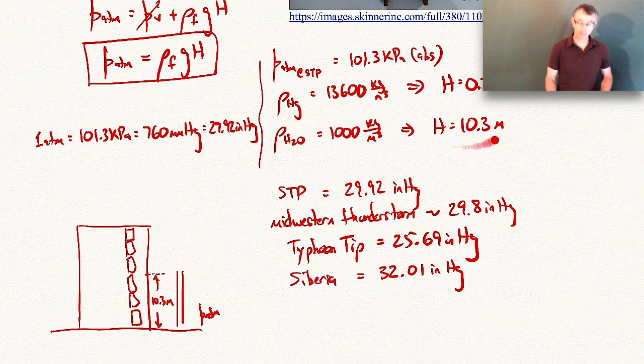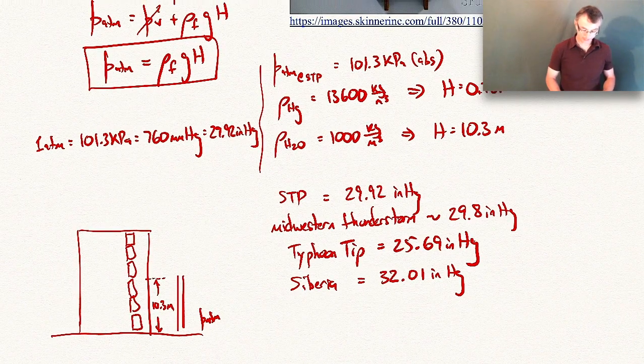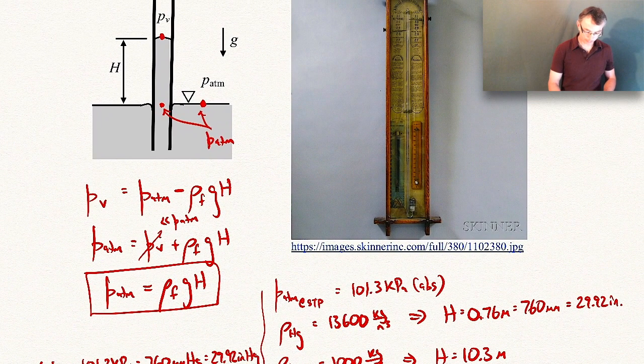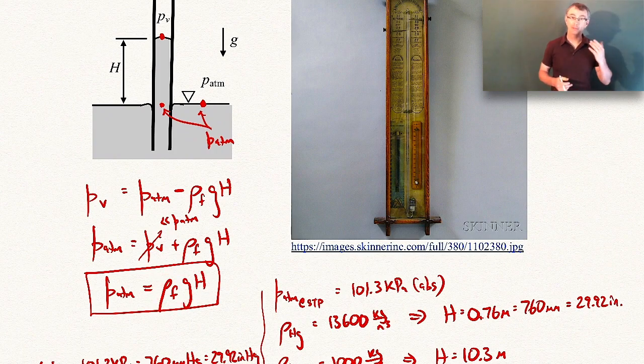The reason is that we just showed moments ago that if you had water in this barometer, the atmospheric pressure would just support the weight of a 10.3 meter column of water. It's the highest you're going to go. If you pull a vacuum up at the top, it's only going to go up 10.3 meters.